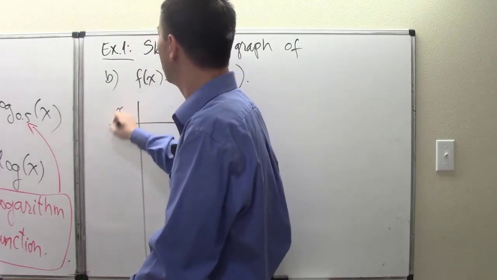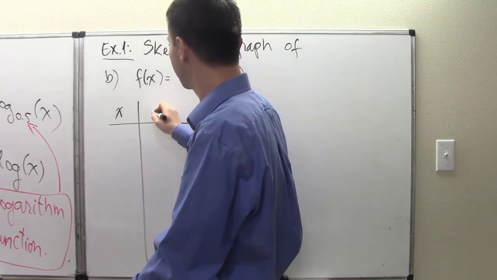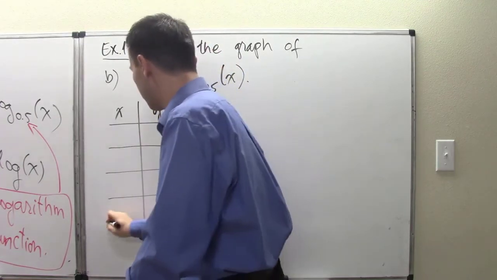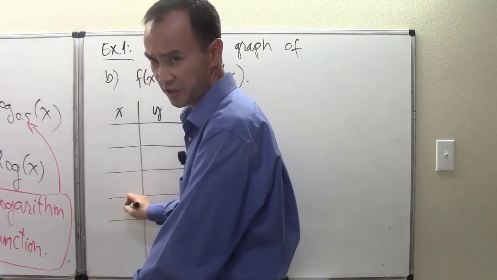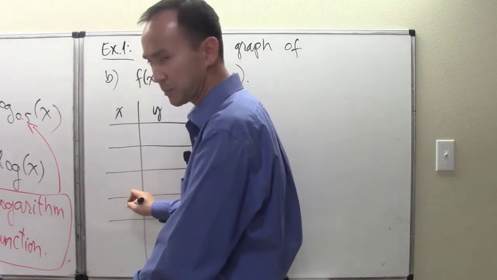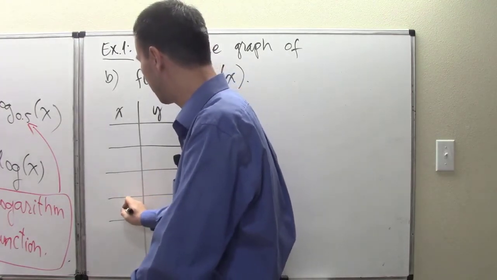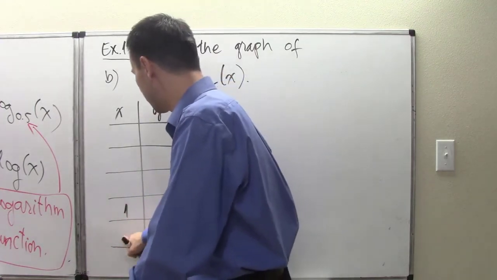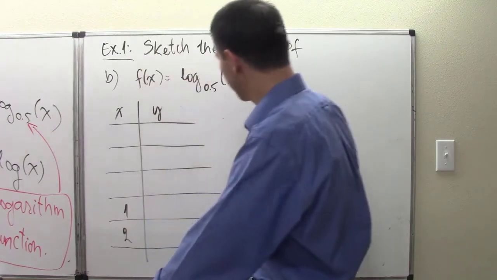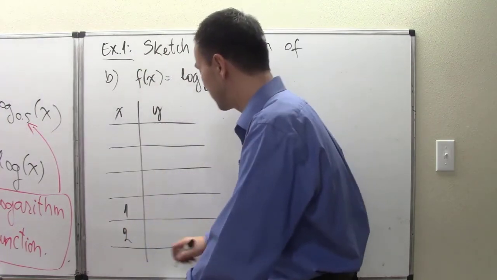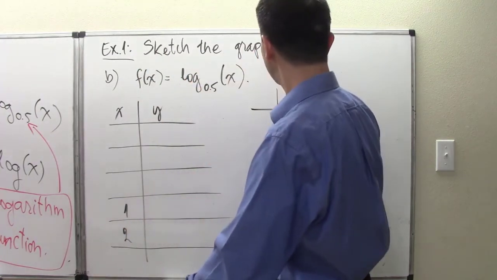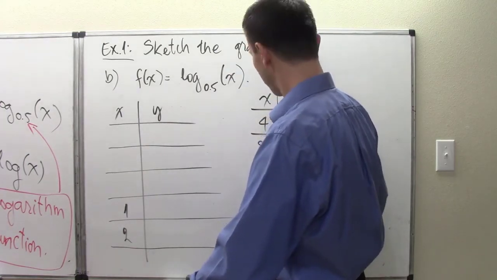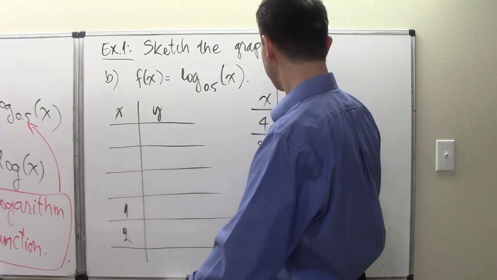I'm going to start out with the table of values, using my own experience to suggest these values. I'll go with 1, then 2, then 4 for x, and 8 for x as well.